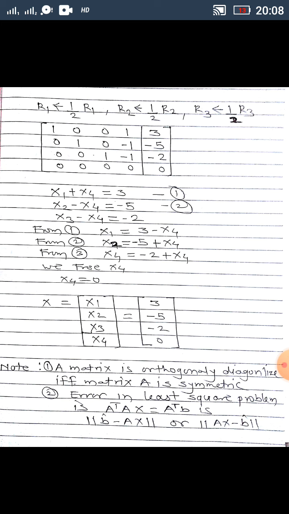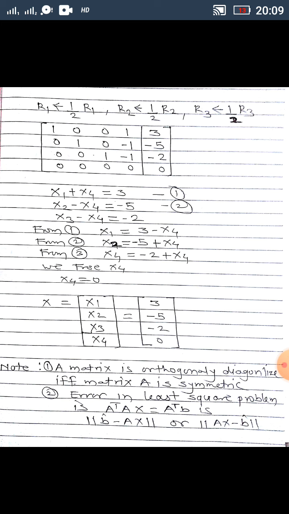Now see here, this is a 4 by 4 matrix, and on the other hand that is the B matrix. So we have to equate them. The first place is x1, second is x2, third is x3, and fourth is x4. So x1 and x4 exist, x2 and x3 are 0. So x1 plus x4 is equal to 3. In the second row, x1 is 0, x3 is 0, x2 minus x4 is minus 5.